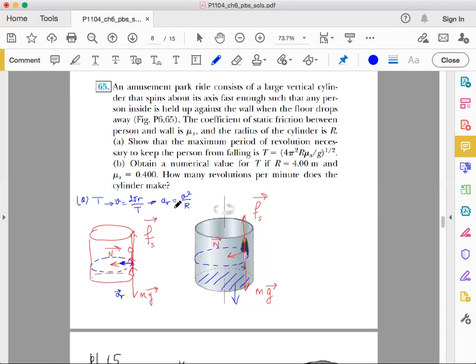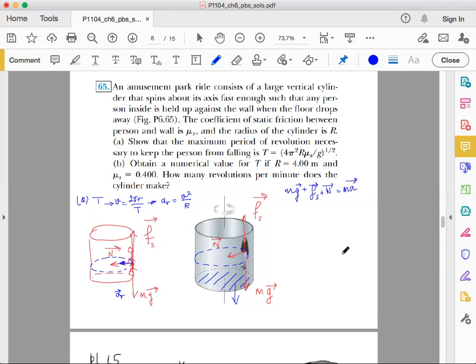Let's now apply Newton's second law on the person, make the projections, and then see what we get. So Newton's second law on the person is given by mg plus Fs plus N equals ma, where a is the total acceleration of the person.